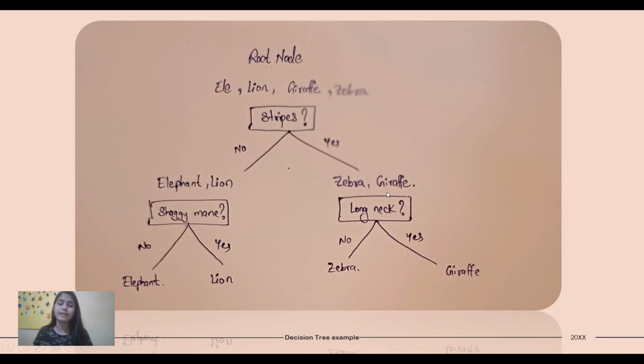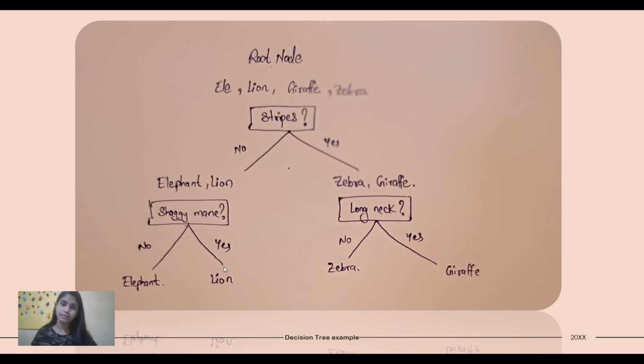If the animal has a long neck, that is a giraffe, so we will take it to the right hand side, and the zebra which does not have a long neck, we will take to the left hand side. On the left hand side, the animals which do not have stripes are elephant and lion. At this node we ask the question, does the animal have a shaggy mane or not?